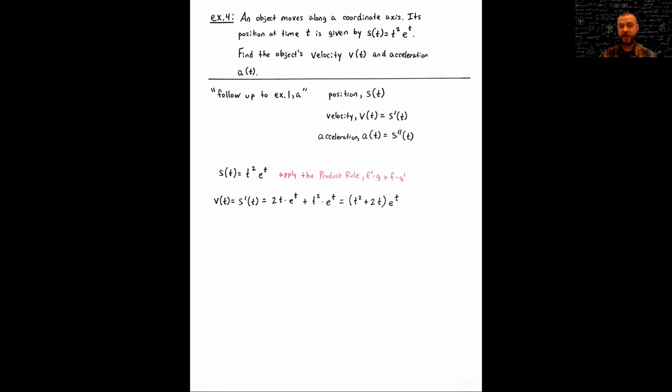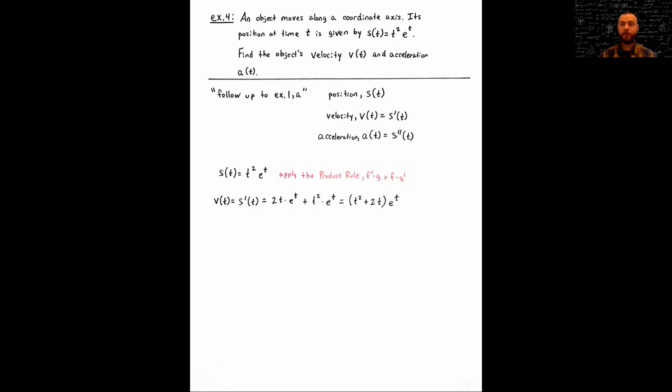So we differentiate term by term. The derivative of t squared would be 2t. We then multiply that by the second function, e to the t. And then we take the first function, t squared, and multiply that by the derivative of e to the t, which is itself. So that should be straightforward, I hope. Since each term after applying the product rule contains an exponential function as a factor, we can factor out e to the t here.